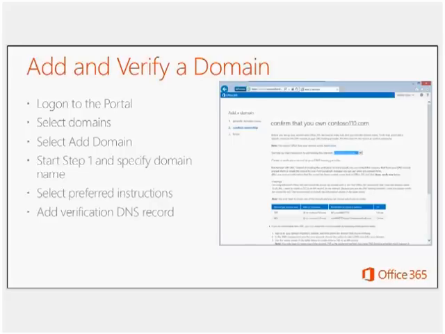And a lot of customers who haven't gone through this might have questions like, is this making the changes permanent? Is this when my mail flow changes? Absolutely not. We are simply confirming that you own your domain. And we do that by that text record, so confirming ownership.